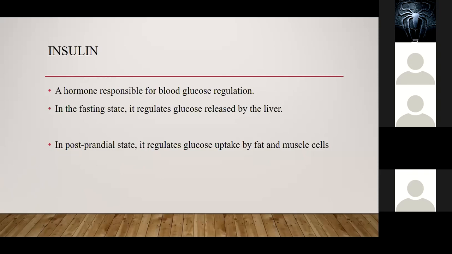Ideally, you have receptors on the fat tissues and muscle tissues, and the insulin that your body makes should be able to bind to those receptors when you eat or in the midst of glucose. You get it? So once it binds to these receptors, then you have a cascade.